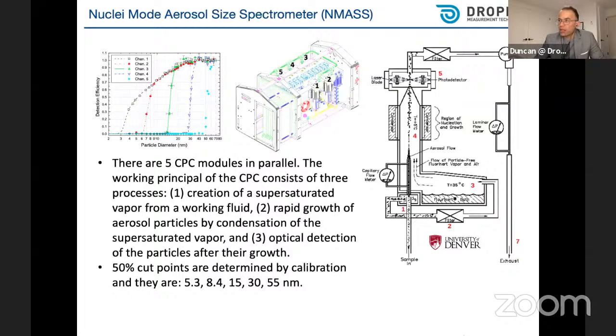On the other hand, if you introduce a high number of aerosols for the same amount of liquid water, now that liquid water has to distribute over a higher number of seed particles. So what happens is that your droplets that form by the liquid water condensing on those particles, those droplets would be smaller in size.